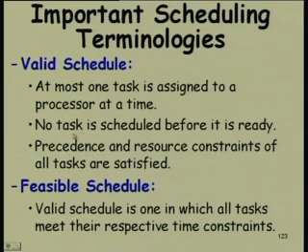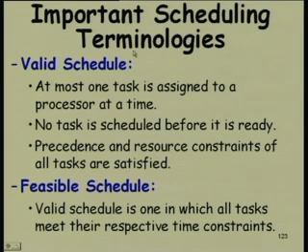Also, no task can be scheduled before it is ready. So first the event should occur, and then we have a valid schedule. And all the precedence and resource constraints, which I have not discussed till now, we will come across as we proceed. If the precedence and resource constraints are satisfied, then we will call it a valid schedule.